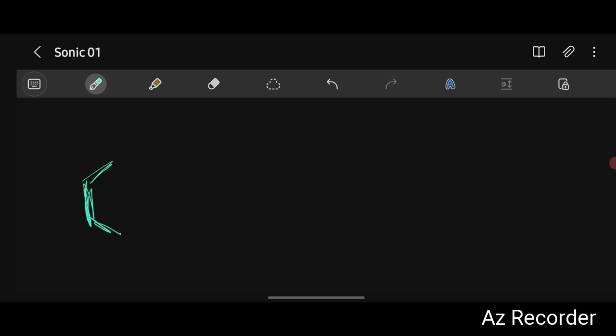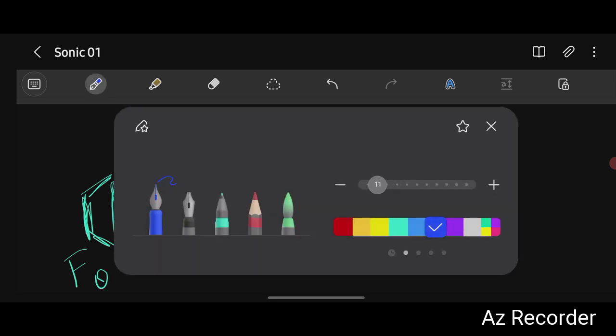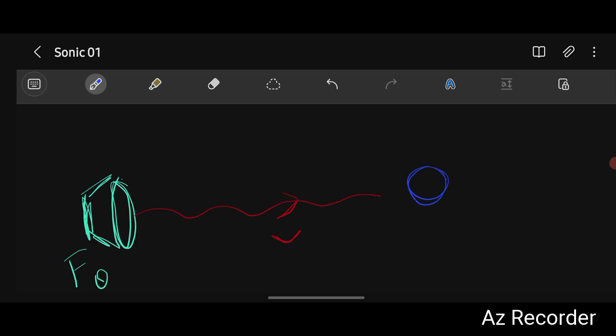Okay, this is the source, and it emits a sound wave with frequency f naught like this, with velocity v, and here is our observer, who has apparent frequency f.